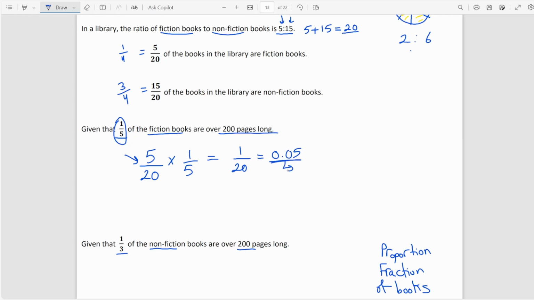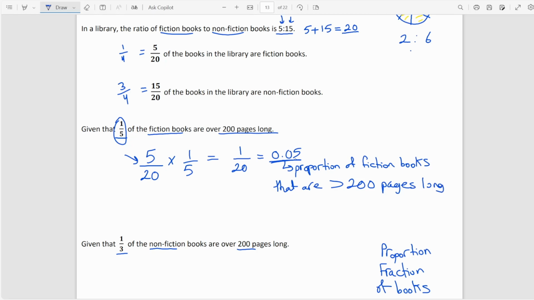So what can I tell here? This right here is the proportion of fiction books that are over 200 pages long, okay?